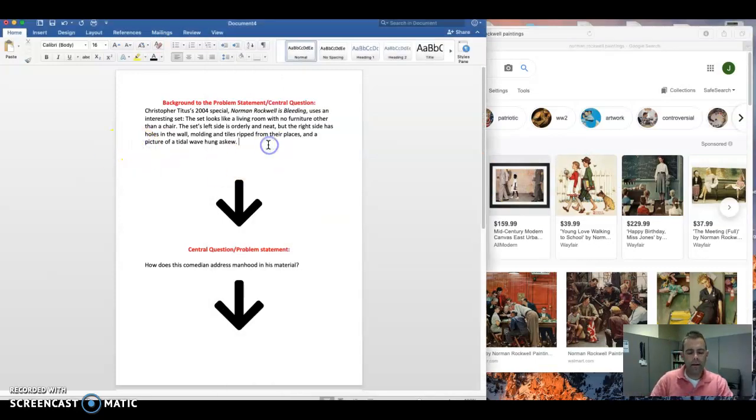So here, what we can do is we want to start addressing the fact that there's obviously a tie to this notion of being the perfect American. So here, there's something wrong with it, right?